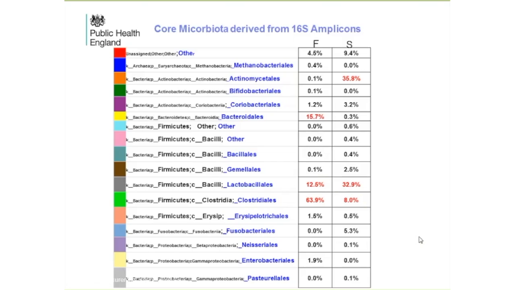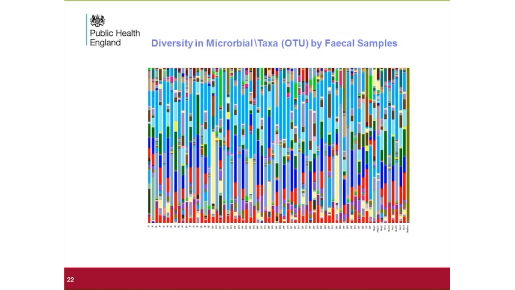So there is an indication that if we can put some of the measures correctly in place, we would be able to define components of the core microbiota, or at least that's what we thought looking at this first set of results. However, when we took that further, in here, as you can see, there are 100 fecal samples taken from healthy individuals, all between the ages of 40 and 60.